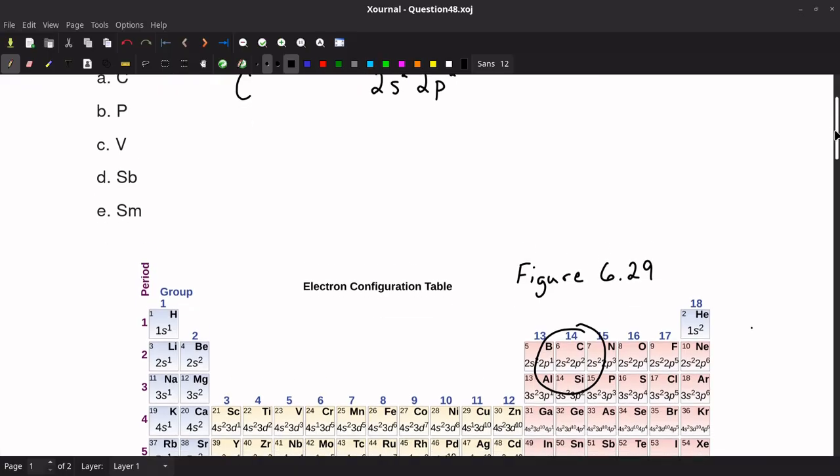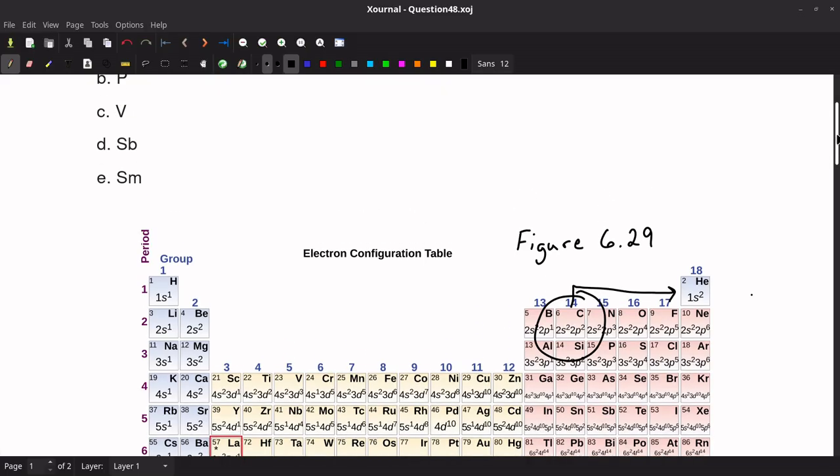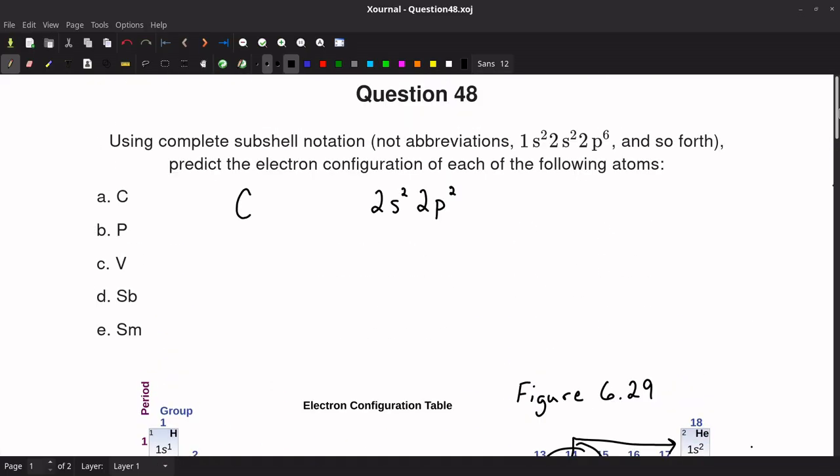To do that, I'm going to go up one row and over to the nearest noble gas. In this case, it's going to be helium. I can fill that in here as the abbreviated form, where I say that it has a helium core with this valence portion right here.